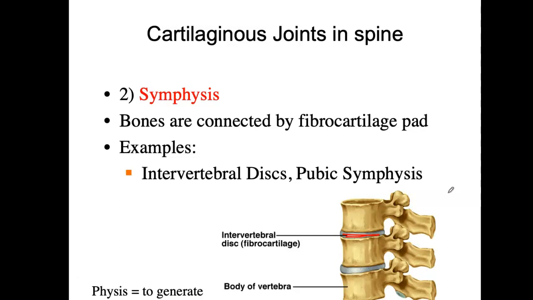And you've probably heard of the pubic symphysis. It also has a tiny bit of movement, especially during delivery for a female, and that pubic symphysis is going to just move around a tiny bit. Physis is to generate, so together generate. I don't know why that would remind us of the spine or pubic symphysis, but that's the term given to these cartilaginous joints.